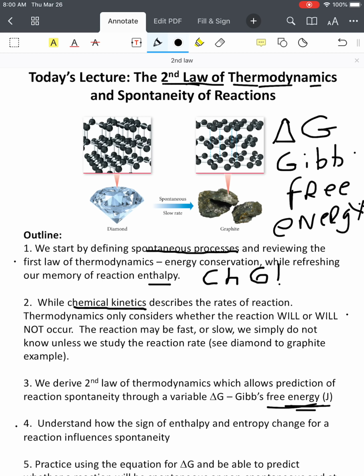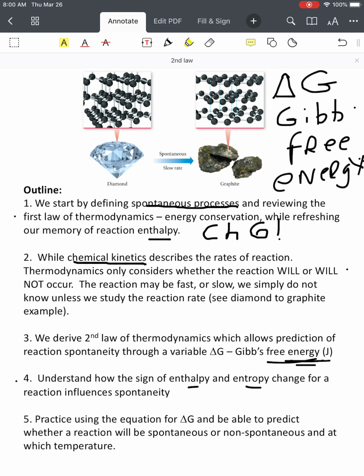And then last but not least, we're going to practice using an equation to compute delta G. This equation, I think it's on your equation card that I gave you at the beginning of the semester, and you're definitely going to want to commit that one to memory because we're going to use it a lot to predict whether or not a reaction is spontaneous or non-spontaneous at a particular temperature. And it turns out that temperature is a variable in this equation.